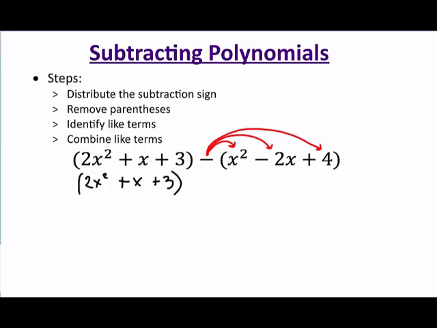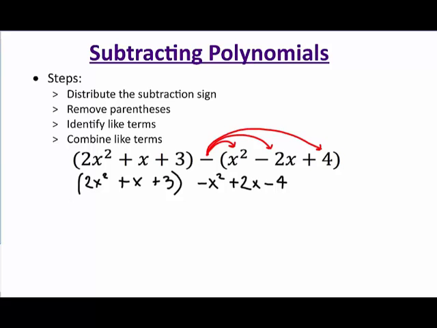So I'm going to have negative x squared. A negative times a negative 2x is going to give me a positive 2x. And a negative times a positive 4 is going to give me a negative 4. So that is going to be my second quantity once I distribute my negative sign.